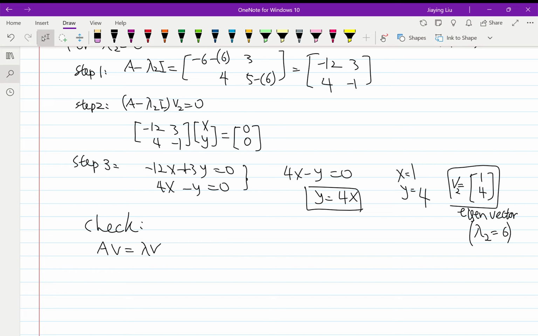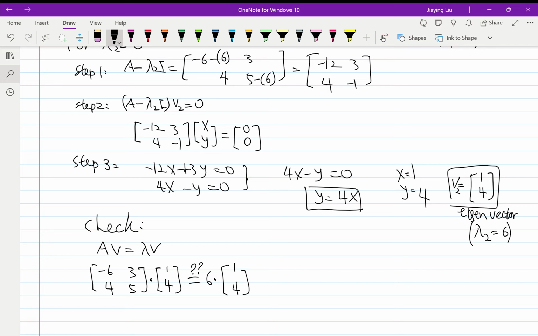So I'm going to plug them into this equation. The A matrix, which was -6, 3, 4, 5, I believe. So that's A, times v, which is 1, 4. Is that going to equal lambda 6 times this same eigenvector 1, 4?